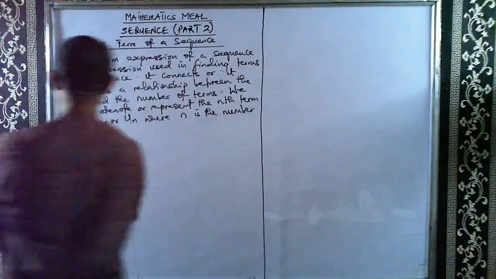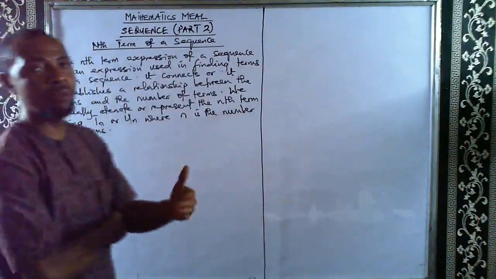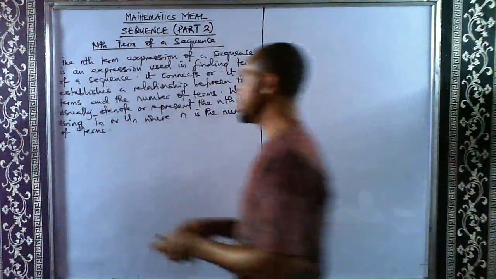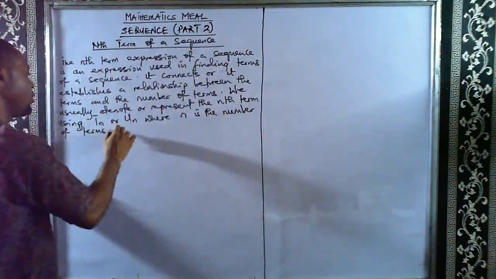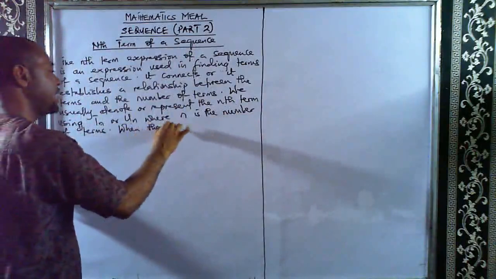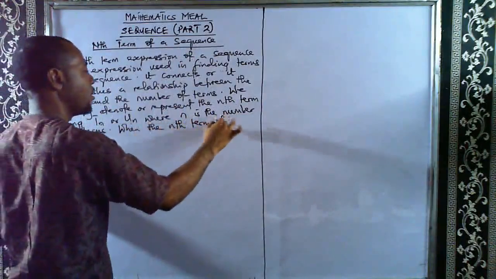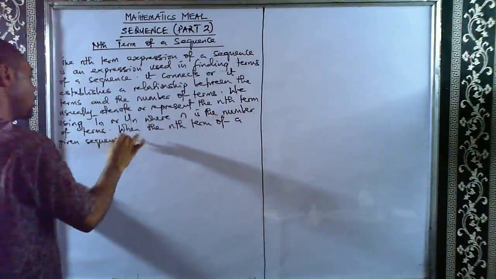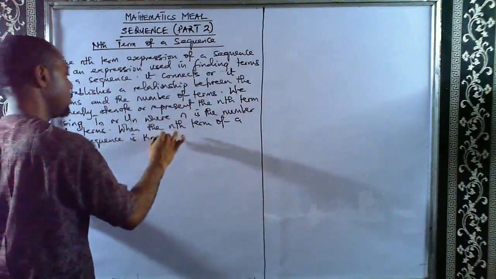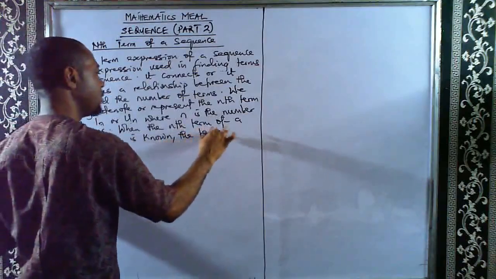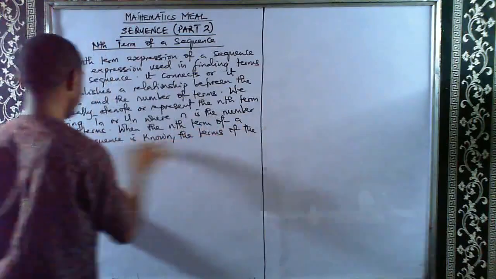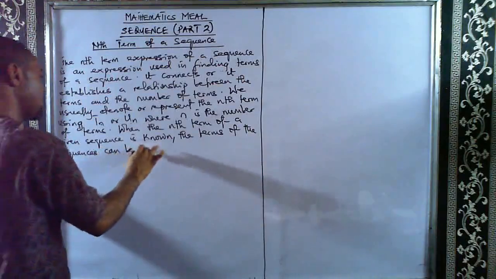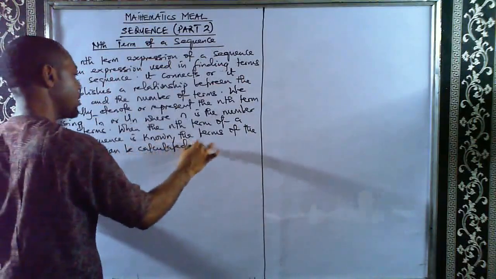So when the n-term of a given sequence is known, then the terms of that sequence can be calculated. So when the n-term of a given sequence is known, the terms of the sequence can be calculated easily.